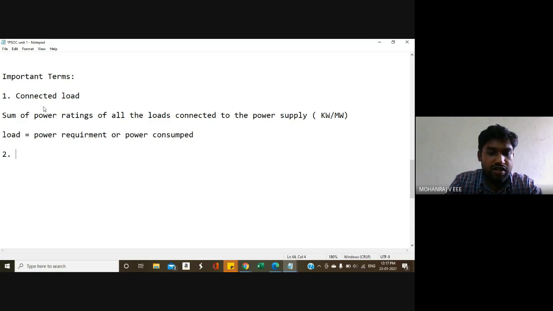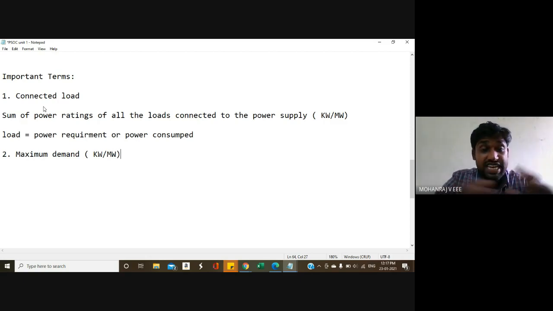Then we have one more term that is known as maximum demand. So what is this maximum demand? Even the unit for this maximum demand is kilowatt or megawatt, depending on the size of the power system. If you deal with a particular state, the maximum demand will be dealt in megawatts. If you are dealing with a town or a city, then it will be in kilowatts.